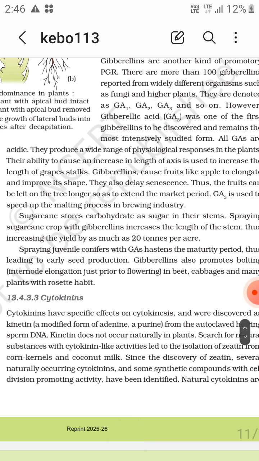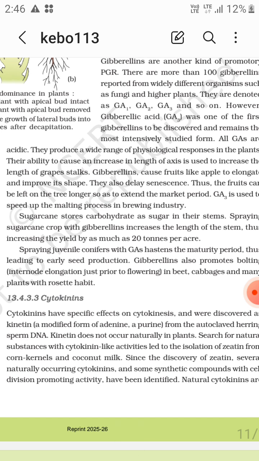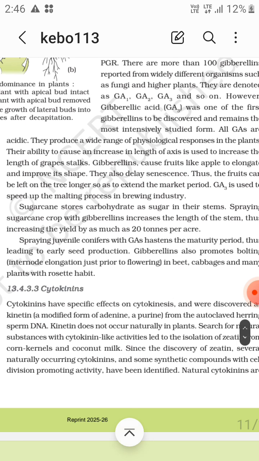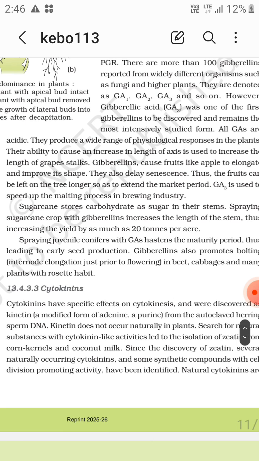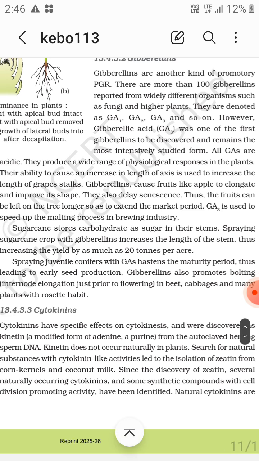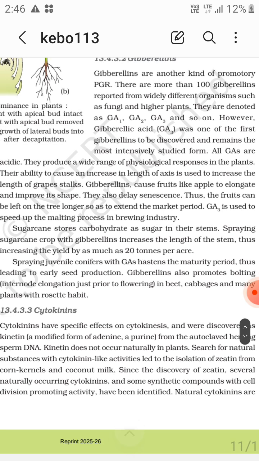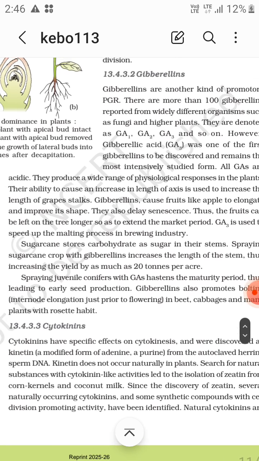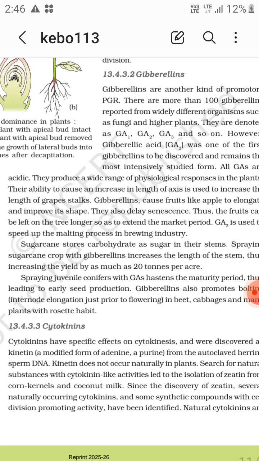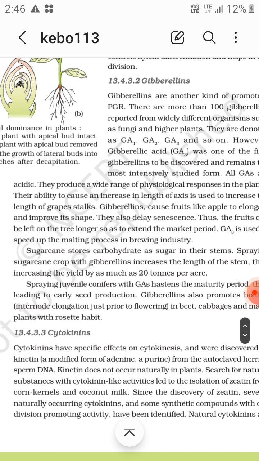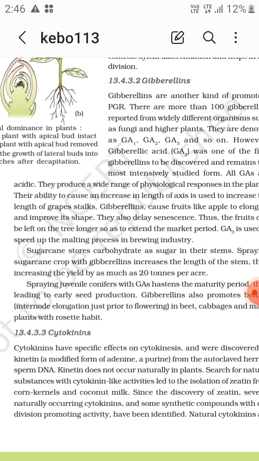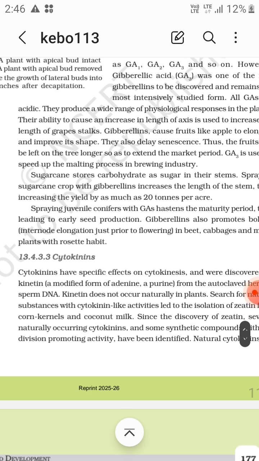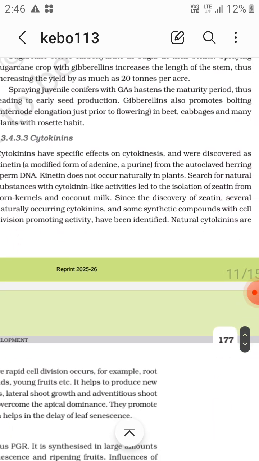Spraying juvenile conifers with GAs gives early seed production, and sugarcane, apple, and the increase in the length of grape stalks. So these are all the functions of the gibberellins, that is gibberellic acid, right?